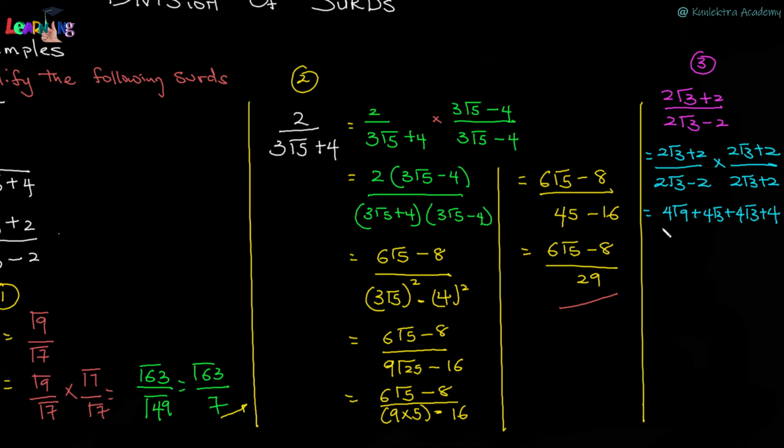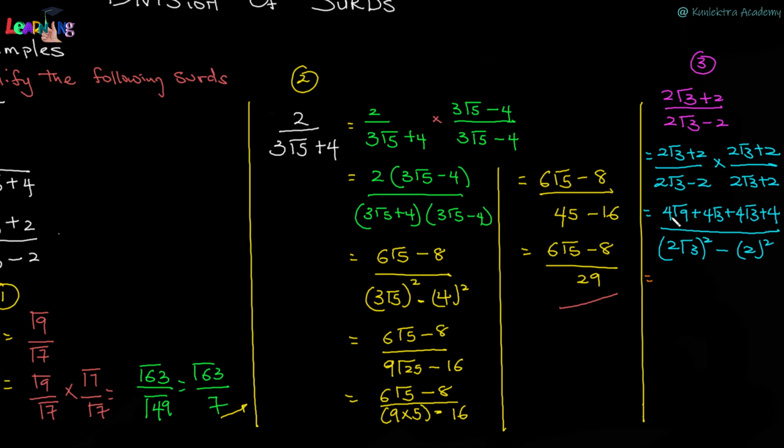Sorry for the shrinking of the board. Now, this is the difference of two squares, of which you have your 2 root 3 all squared minus 2 all squared.